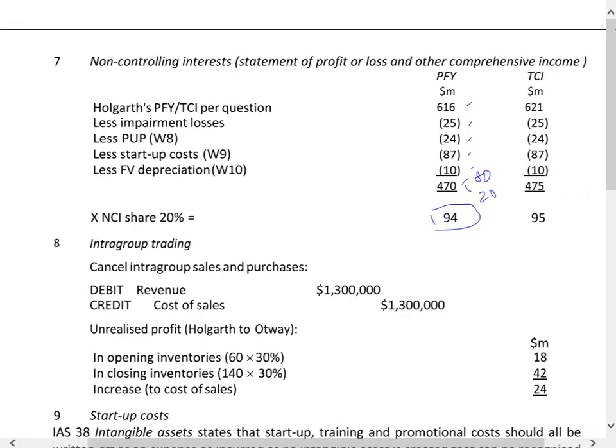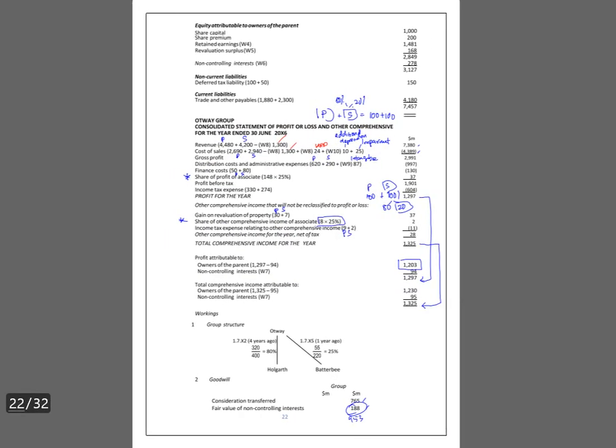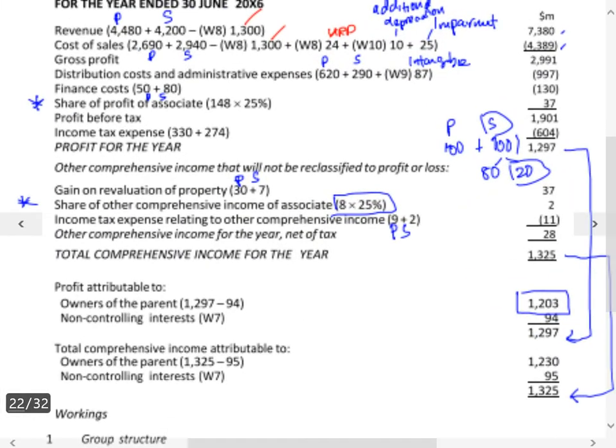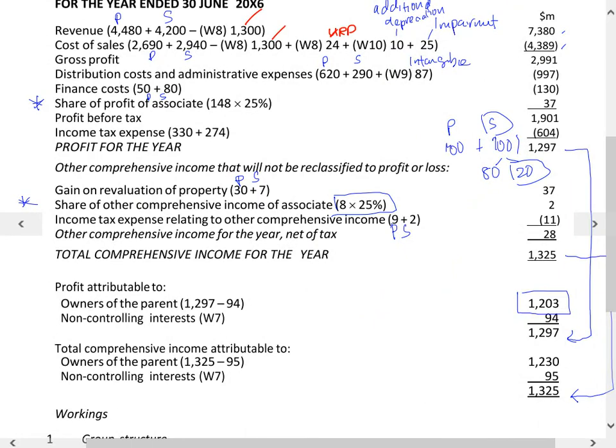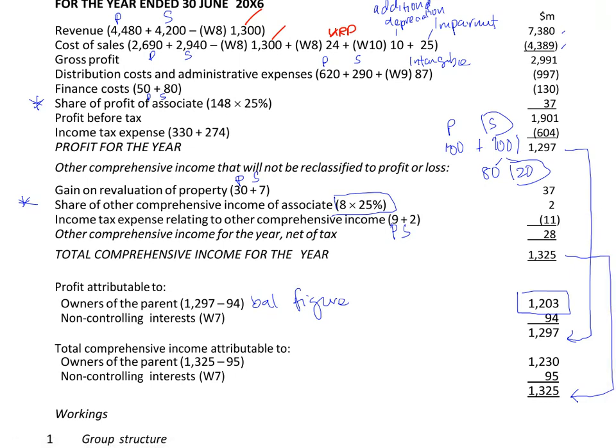So once you got the 94, last part, you put in here 94, and this one will be 1297 minus 94. This is actually the balancing figure. In your exam, whatever you get here, assuming you get 1003, you will put here 1003. So looking for the 94, 1003 minus 94.